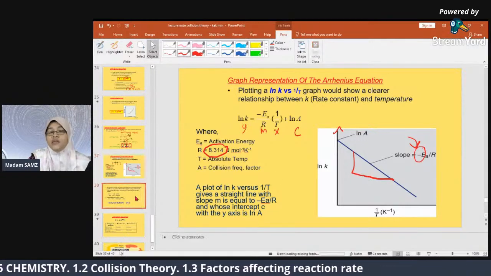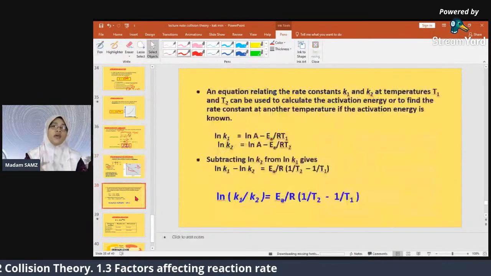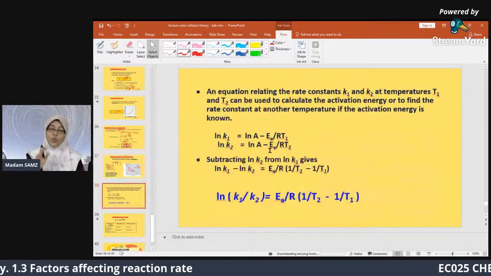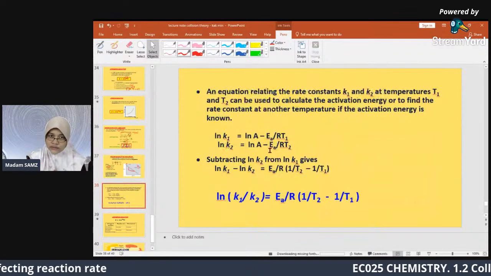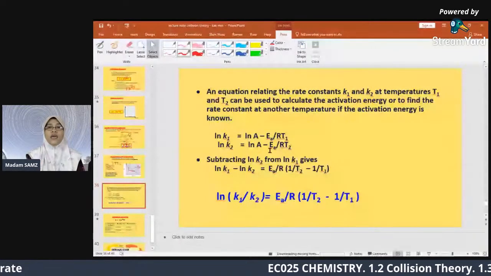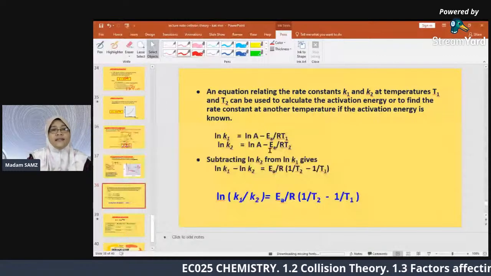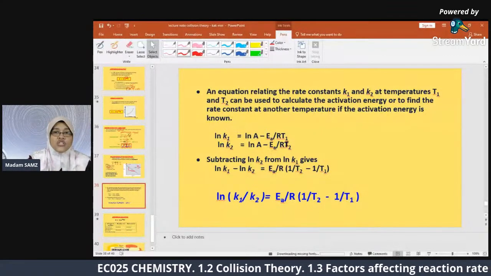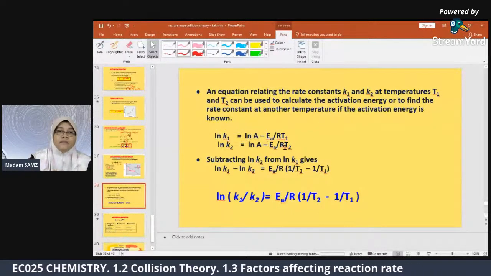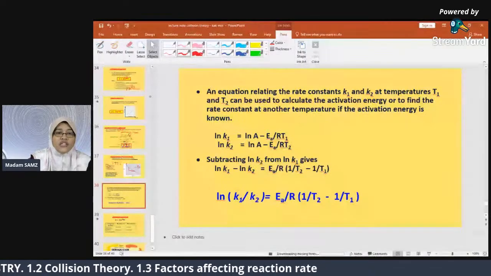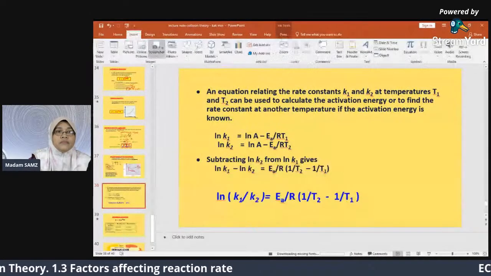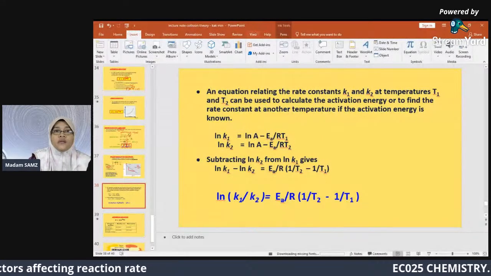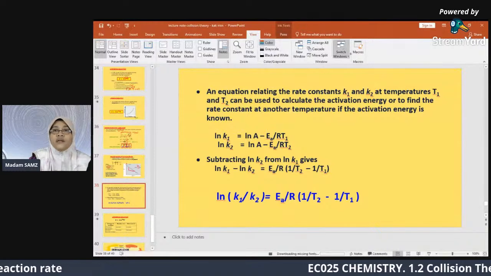Alright? Ini ada dalam soalan tutorial. Okay. What happen if you got two temperature, okay, two temperature, and what happened to activation energy? Alright, so activation energy is still the same.